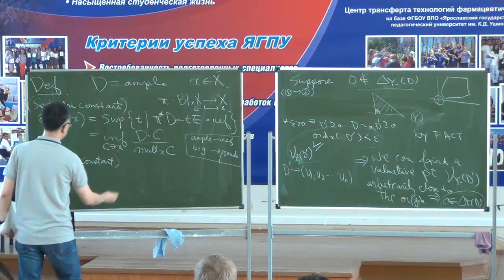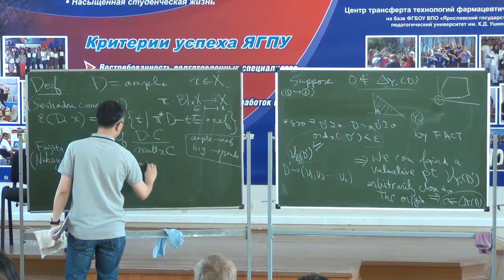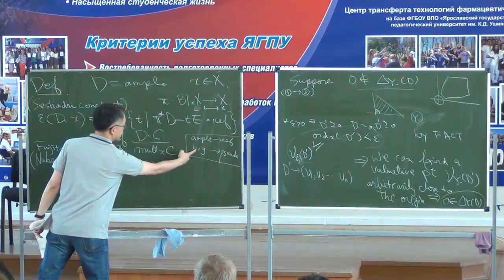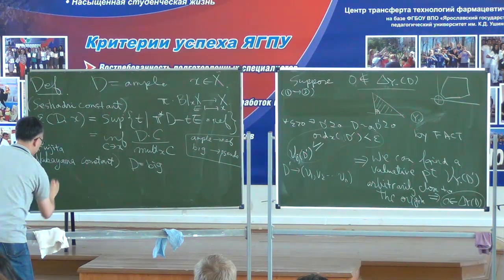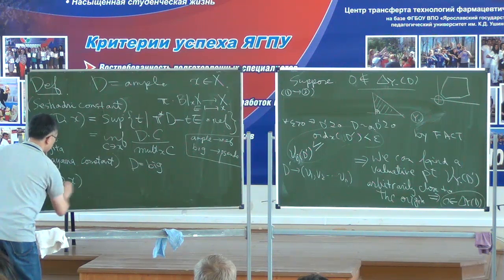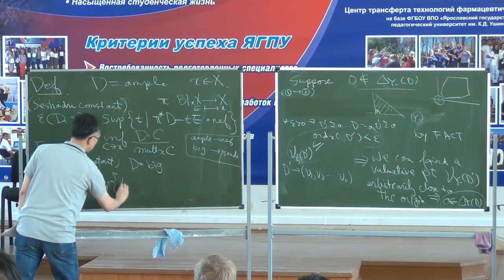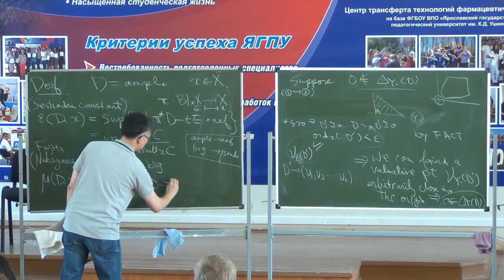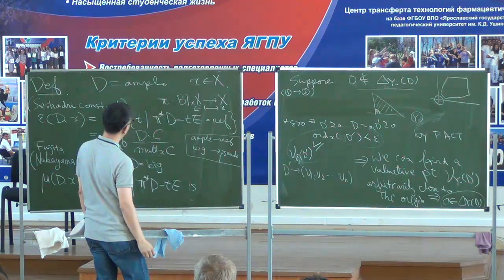Okay. So for this, these are big, like in this case. Usually this is denoted by mu, and this is the sup of t such that pi star D minus tE is big.